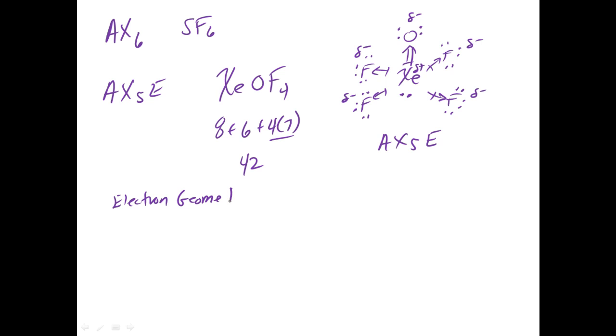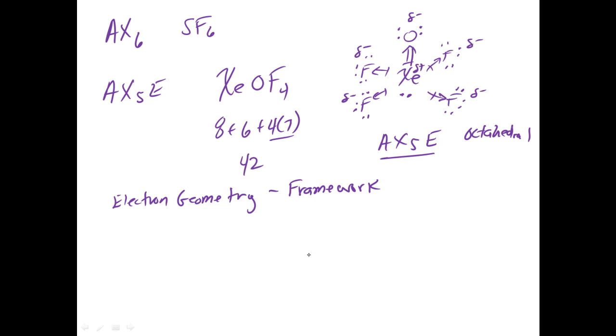The electron geometry is what I have been calling the framework. If we look at this, it's going to be octahedral. We know that, and that's important. That's what we use to decide which jack we're going to pick up to make our model.